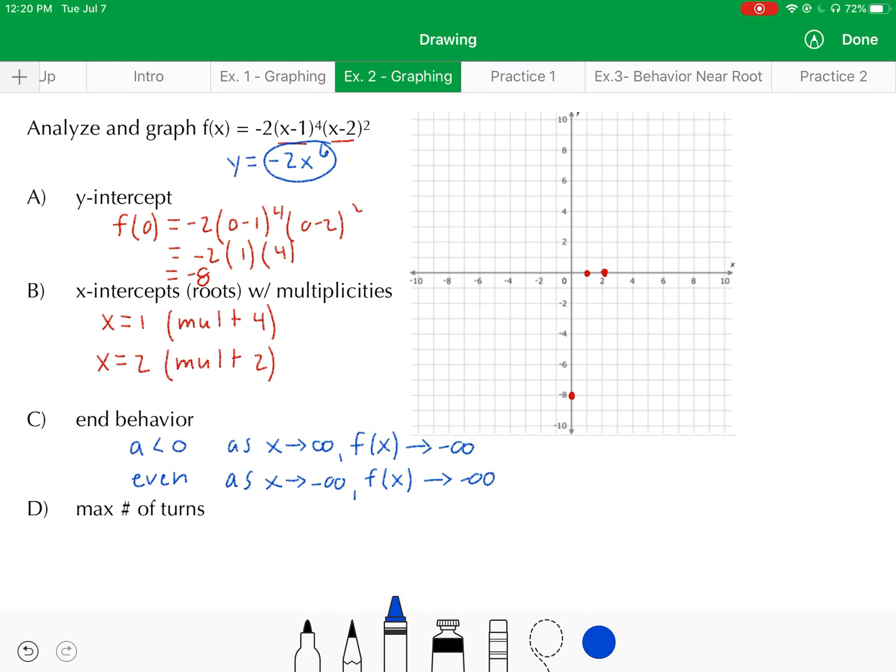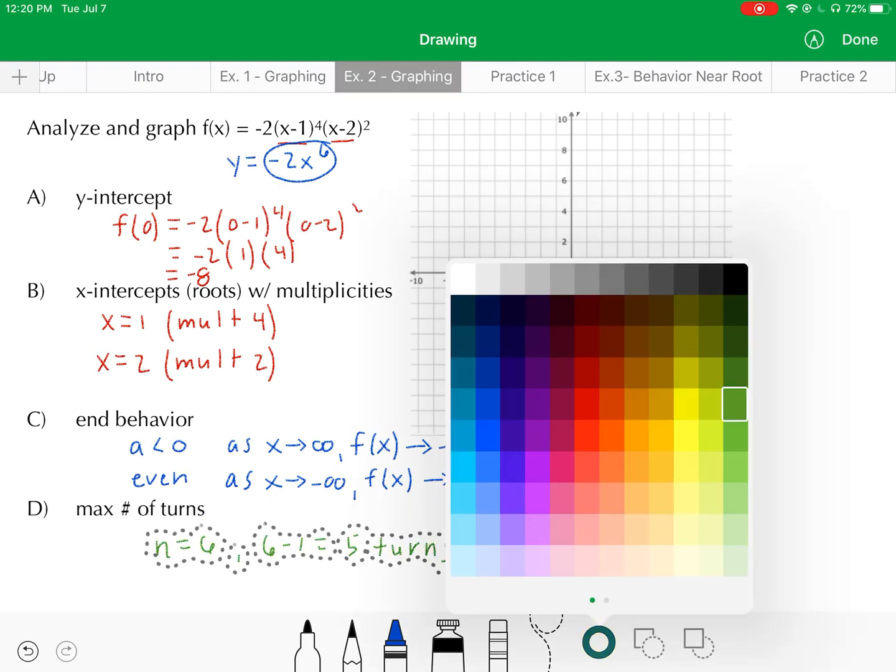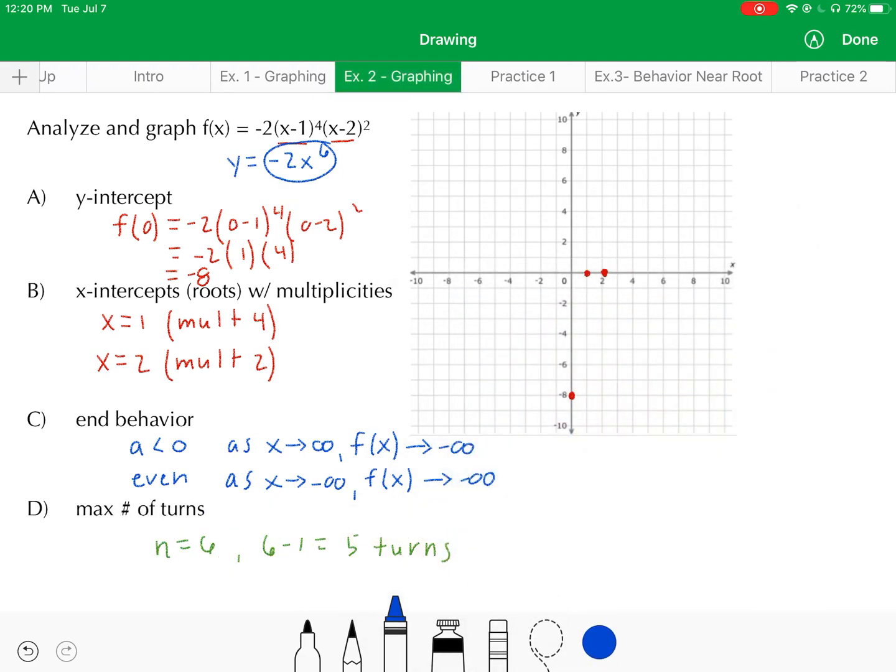And then the degree of this function is 6, so that means my maximum number of turns could be up to 5 turns. Okay? And let me actually color code that a little differently. So that, recall, is coming off of the fact that right there is 6.